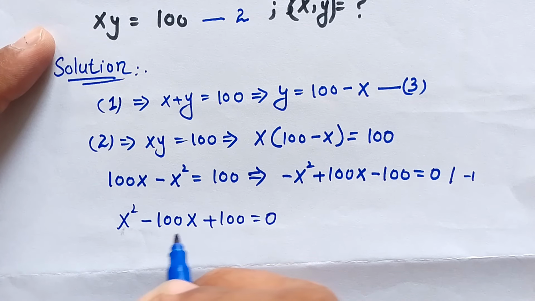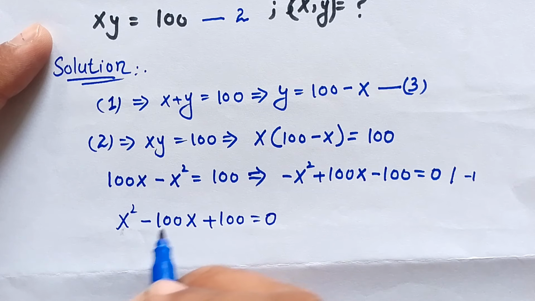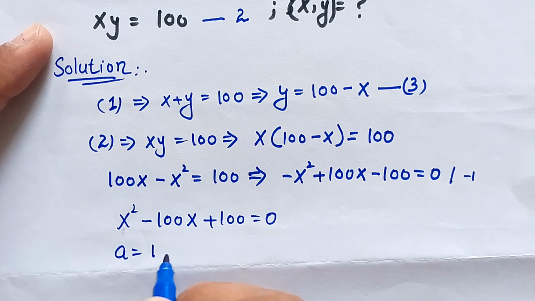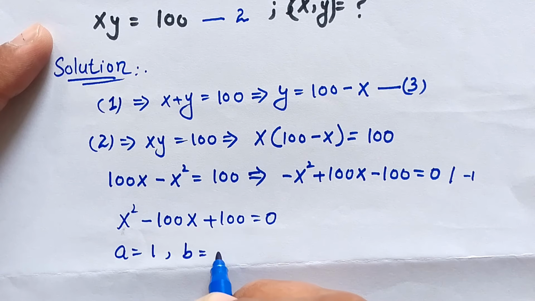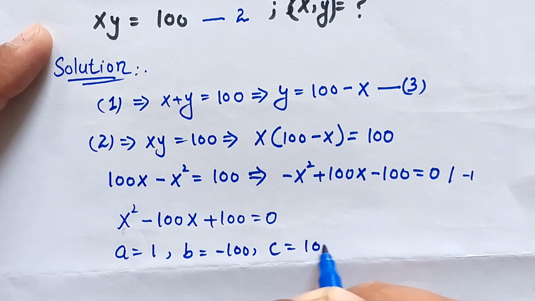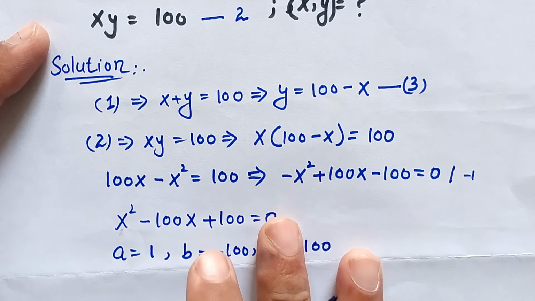Now we have to solve this by using the quadratic formula. So here we know that a is equal to 1, b is equal to minus 100, and c is equal to plus 100.